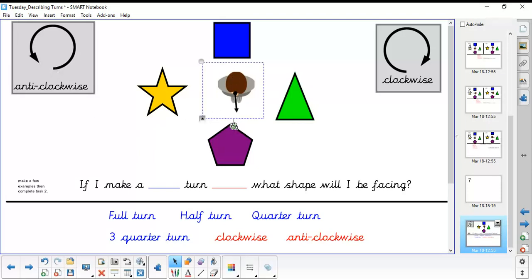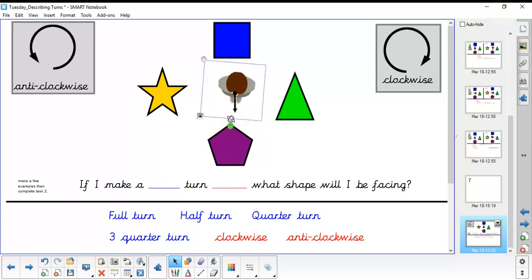So let's have the man looking at the blue square to begin with. If I make a half turn clockwise, what shape will I be facing? Well, I'm going to be making a half turn clockwise, so I need to move to the right.